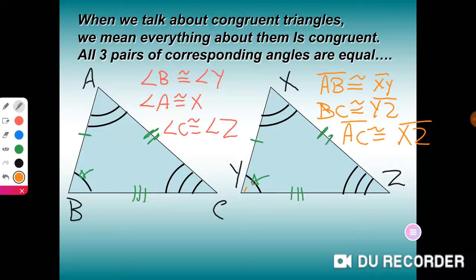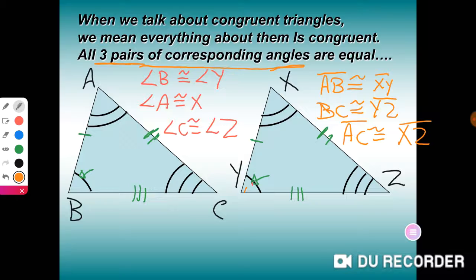Okay, so the three pairs of corresponding angles and three pairs of corresponding sides, if they are congruent to each other, then the two triangles are congruent. So let's sum up.